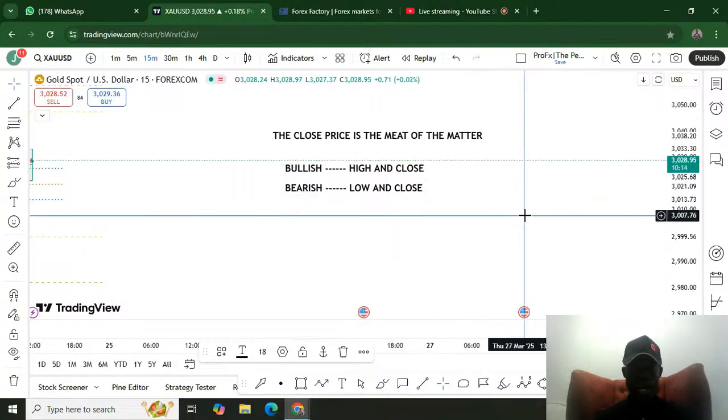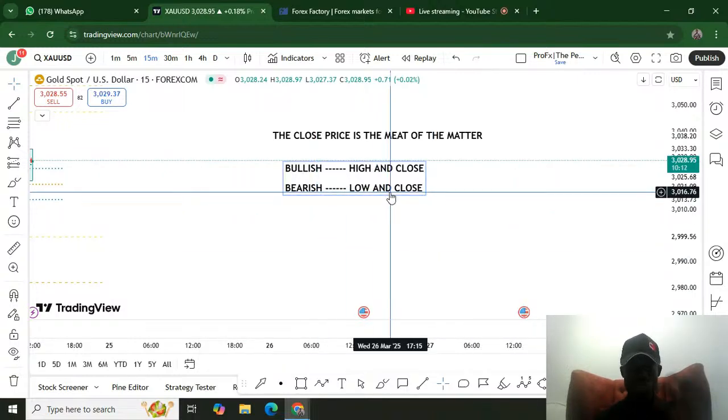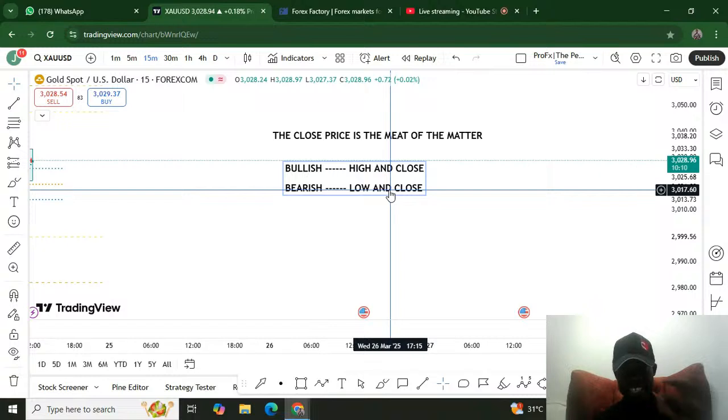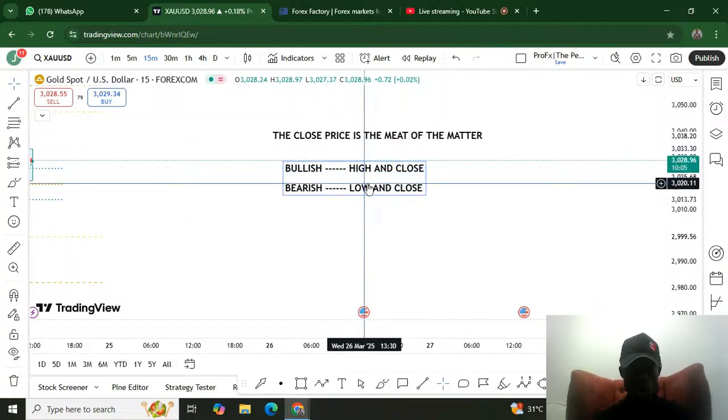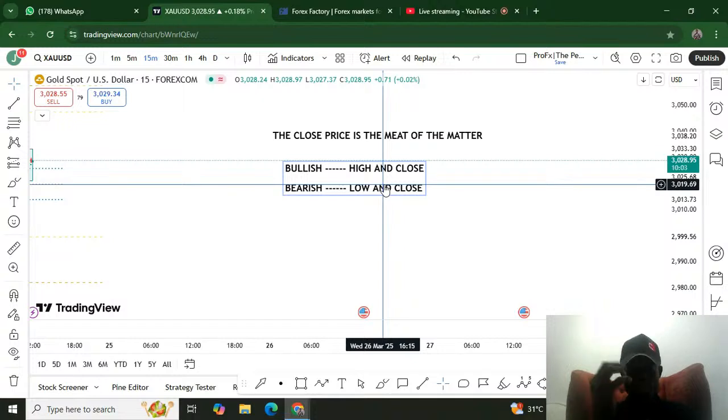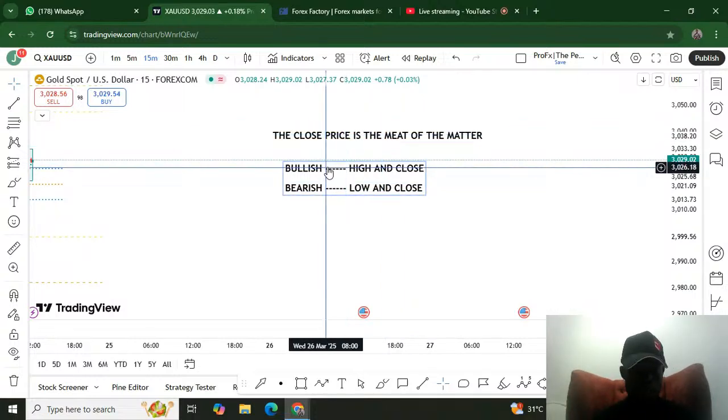So bullish, high and close; bearish, low and close on the daily chart. That's the first step. Then after marking them, we drop down to the 15 minutes or 5 minutes time frame to see if there's manipulation above or below the close price.